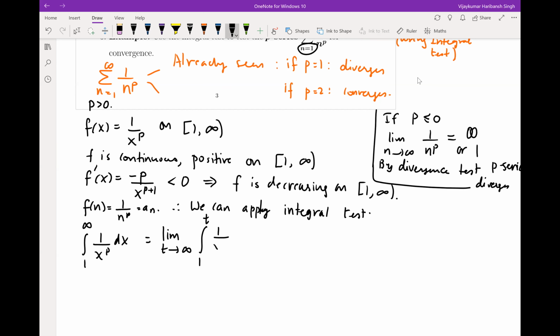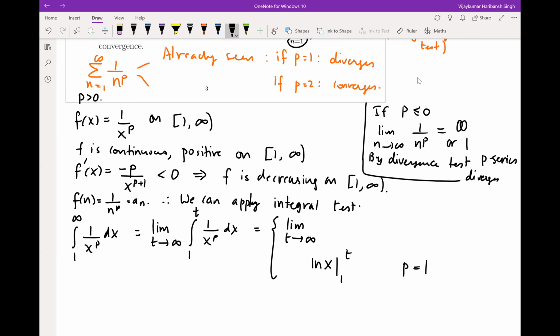All right. Now, if you compute this integral, it is going to be the limit as t goes to infinity. Now, if p is equal to 1, we have already seen it, but let me just write it down anyway. If p is 1, I get ln x from 1 to t, limit as t goes to infinity.